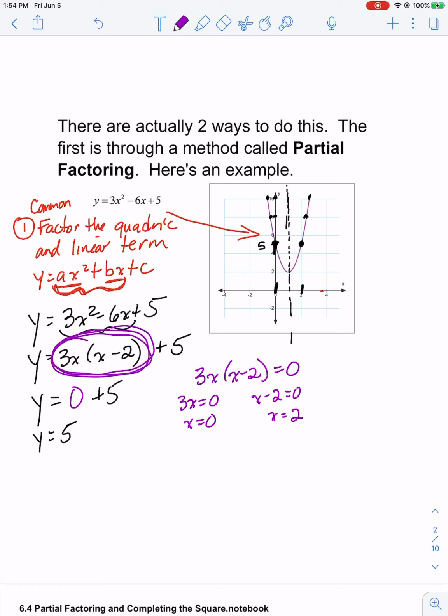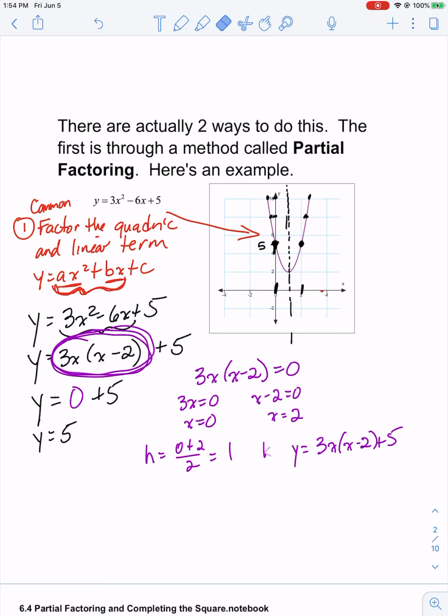That'll give us the axis of symmetry, which is the h coordinate of the vertex. So h equals 0 plus 2 over 2, which is going to equal 1. And then for k, you take that h value, and you can use either version. I'm going to use 3x times x minus 2 plus 5.